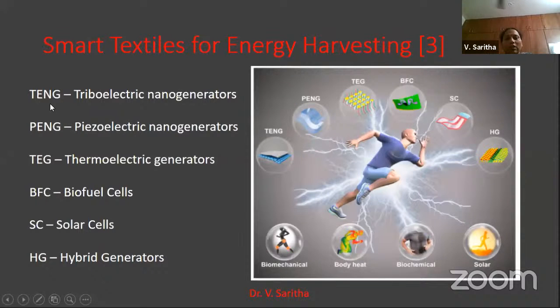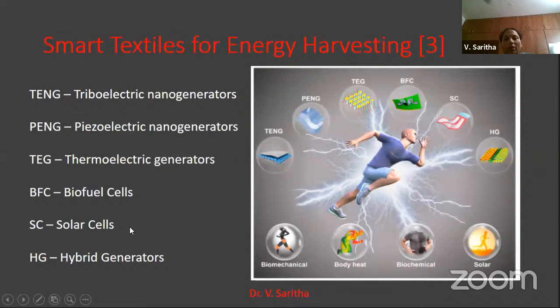So here, if you see this textile, how we are able to provide the power to the devices in the textile: that is TENG, PENG, TEG, BFC, SC, and HG. TENG is triboelectric nanogenerators, then piezoelectric nanogenerators, thermoelectric generators, biofuel cells, solar cells, hybrid generators.